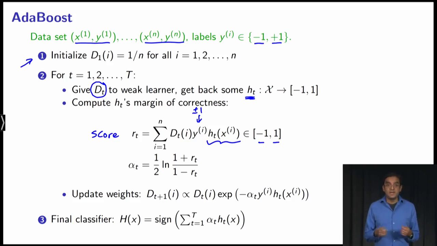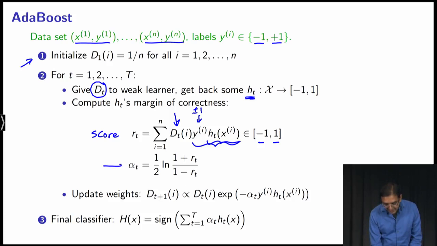Ideally we'd like it to be the same as the label, in which case y times h sub t of xi would be plus 1. But if it has the wrong label, then that's minus 1. And we take a weighted sum where the different points are weighted according to the weights d sub t at time t. So this gives us a score for the classifier.